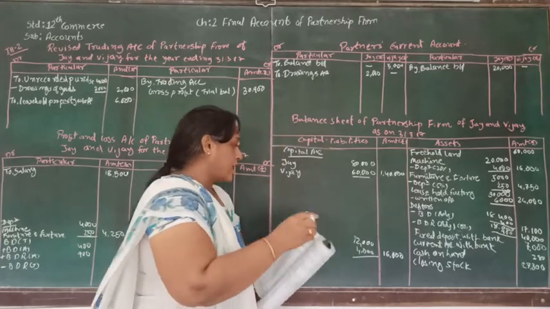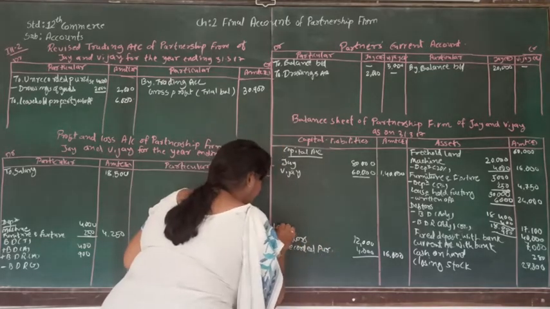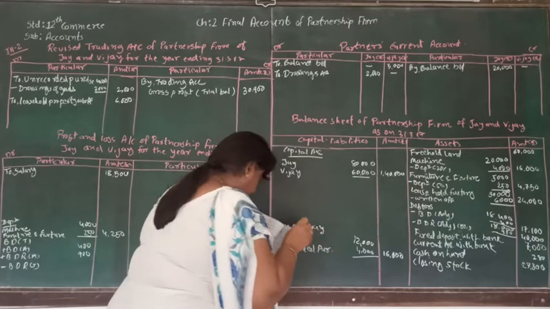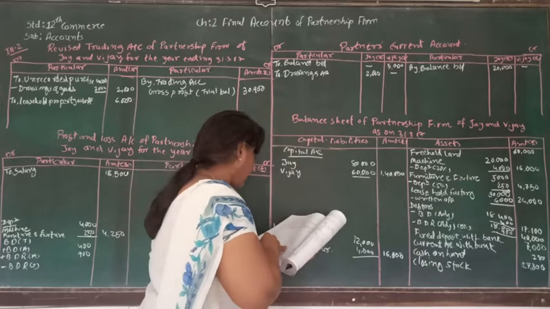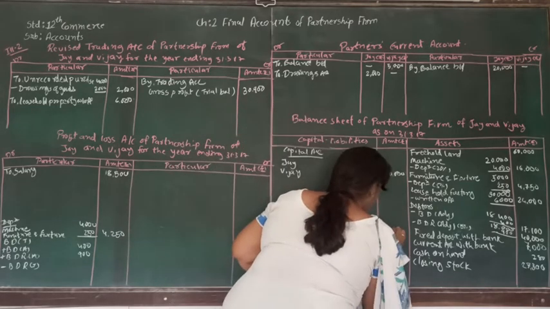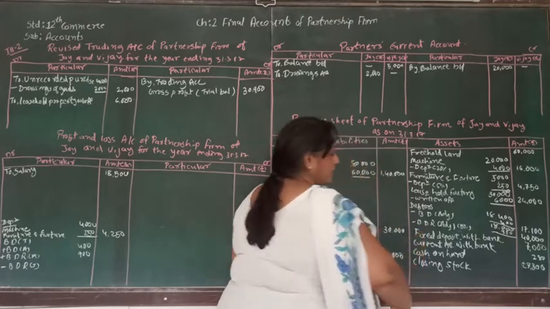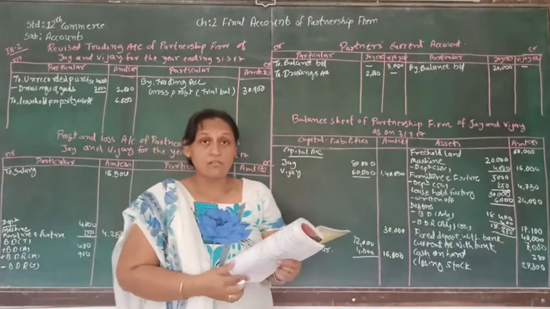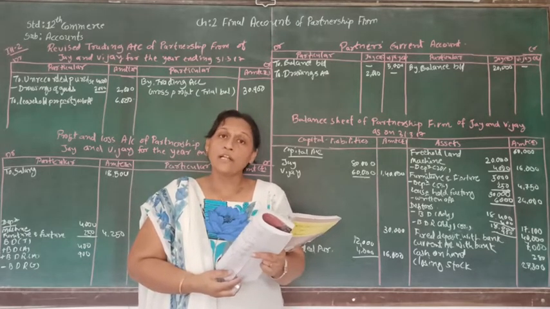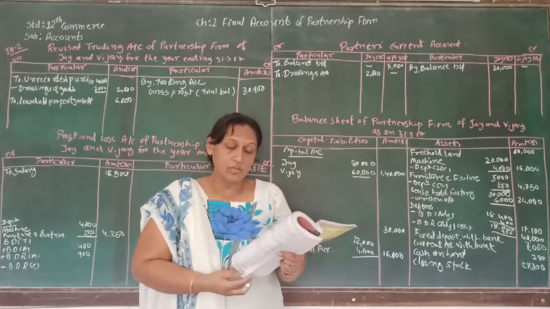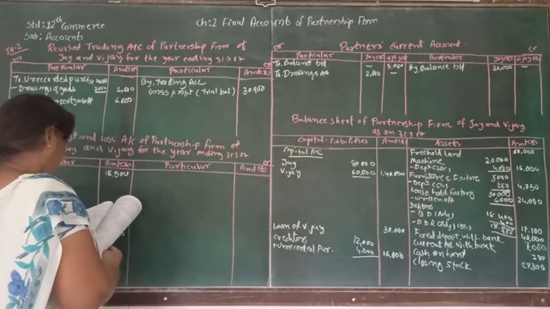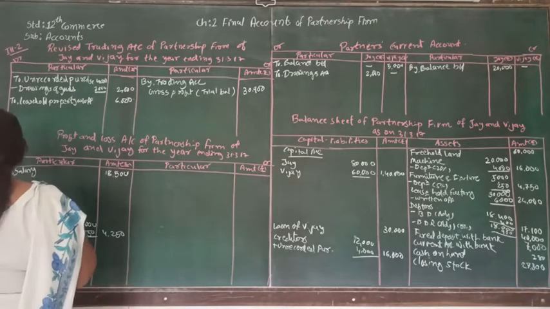That loan we are going to write as a liability, loan of Vijay, and the loan amount is 30,000. Interest on loan is 30,000 into 6% into 1/2, that is for 6 months. So the interest on Vijay loan will be 900.